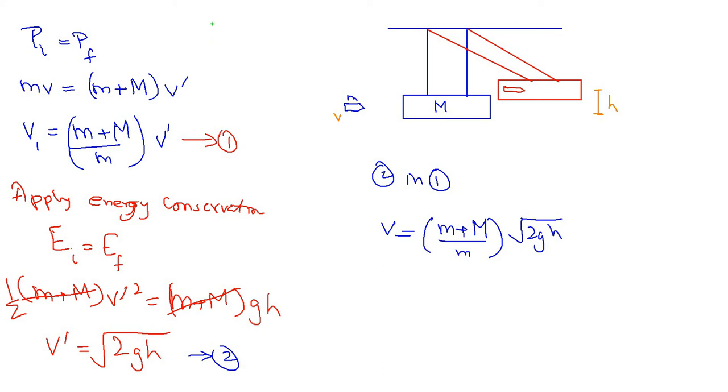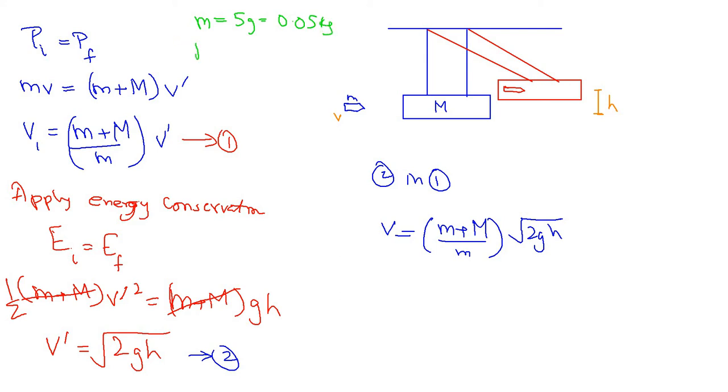I have this habit of first simplifying the equation, because in physics you can see a lot of things cancel out when you're simplifying equations. That saves you a lot of time if you simplify the equation first and then think about numbers. Let's say that the mass of the bullet is 5 grams, which is 0.005 kilograms.